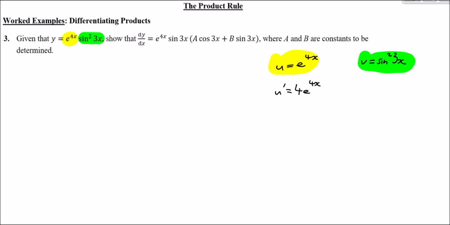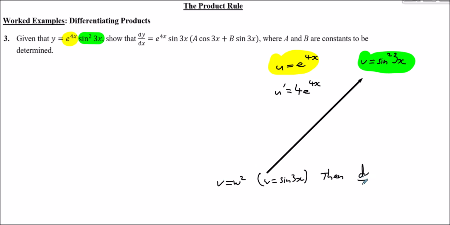Over here, though, v is again like a function within a function. So for v, I'm going to say let v equal w squared, where w is sine 3x. Then if v is w squared, dv by dx, basically v dashed, will be dv by dw multiplied by dw by dx.